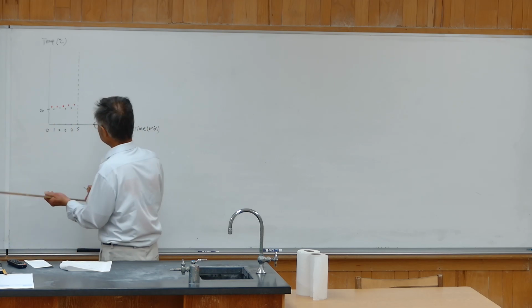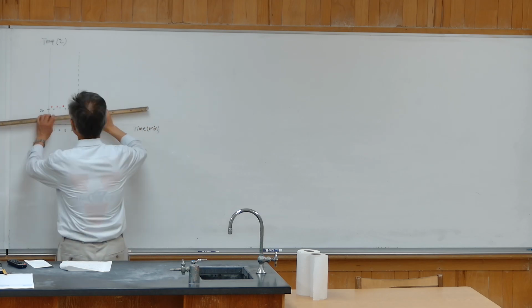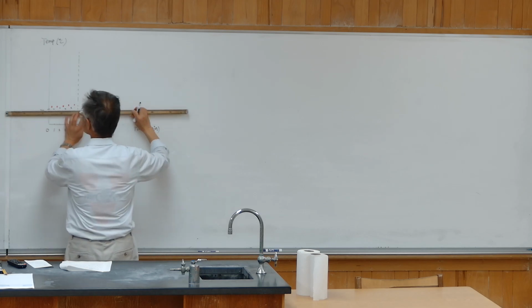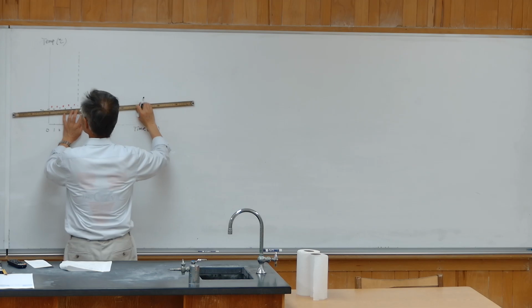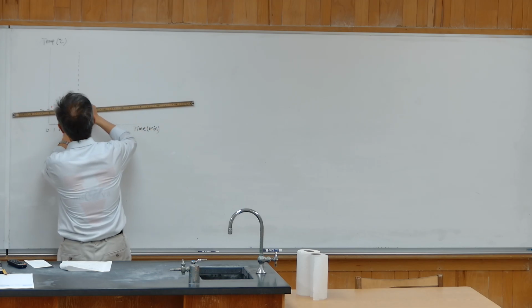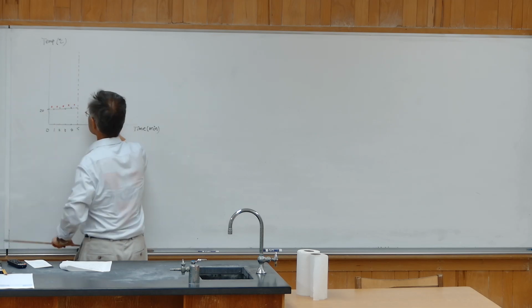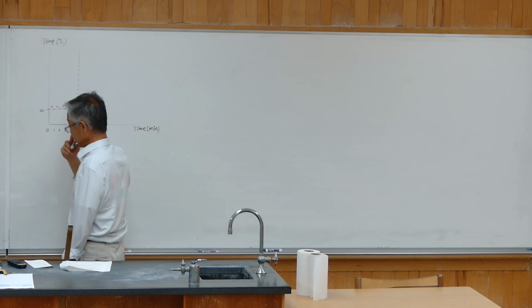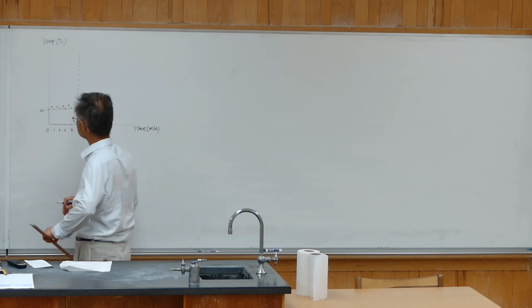Then we can find the initial temperature of acid and base. Draw a baseline, a straight line, with some points above the line and some points below the line. Clearly, this is the acid initial temperature, let's say TA, A standing for acid.